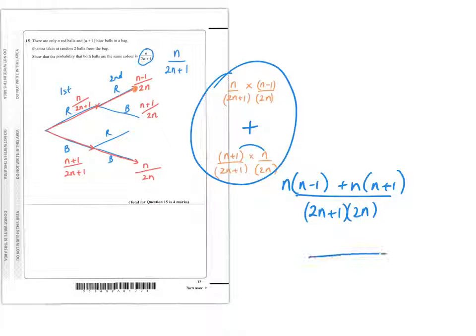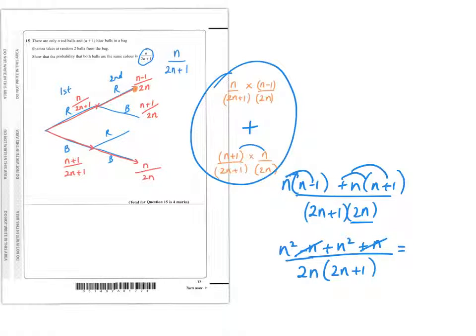So our denominator, just going to neaten this up. You didn't really need these brackets here, only because you put the 2n at the very end. If you put it at the beginning, this would be fine. Now let's have a look at this. n squared minus n plus n squared plus n. Well, minus n plus n cancels, and we have 2n squared.